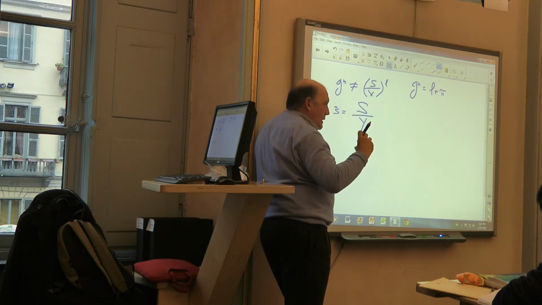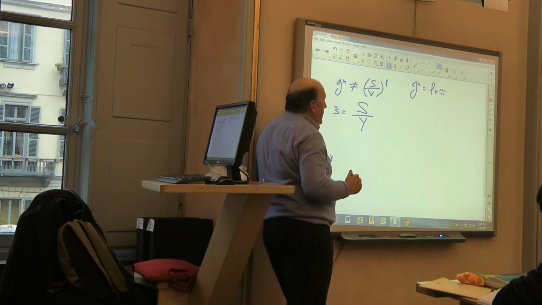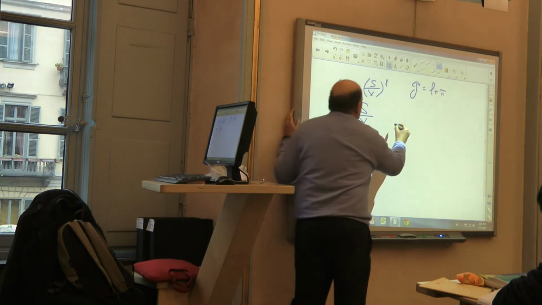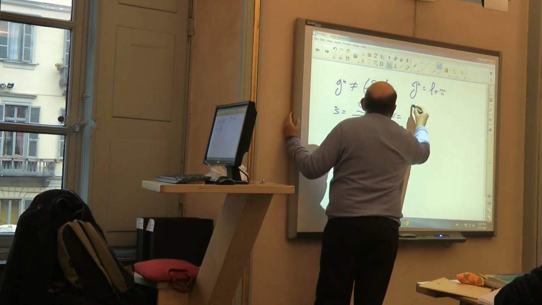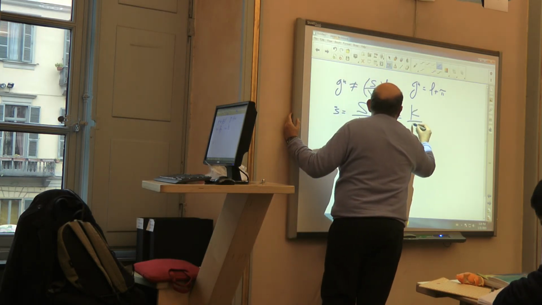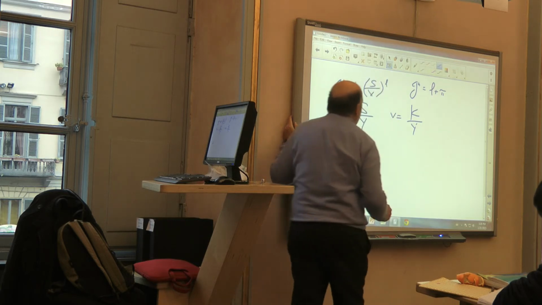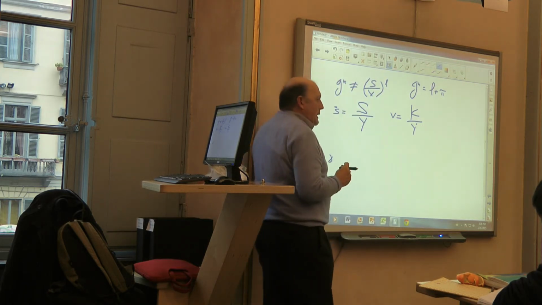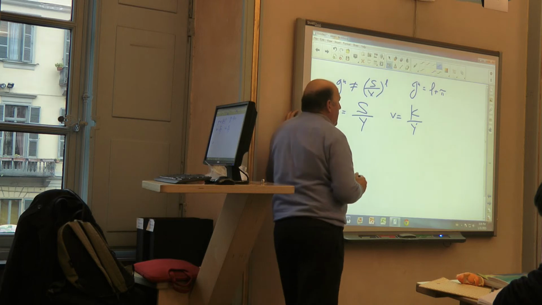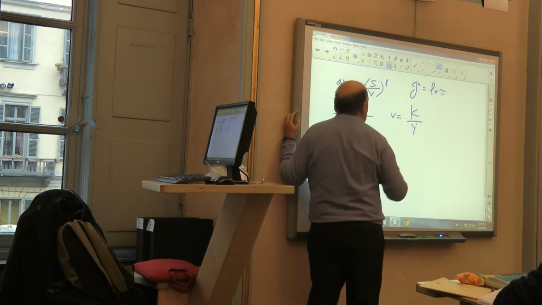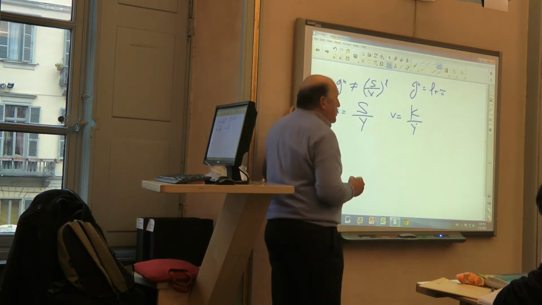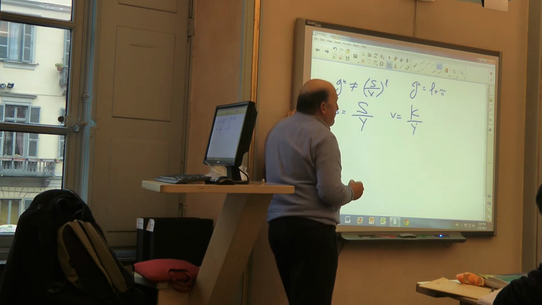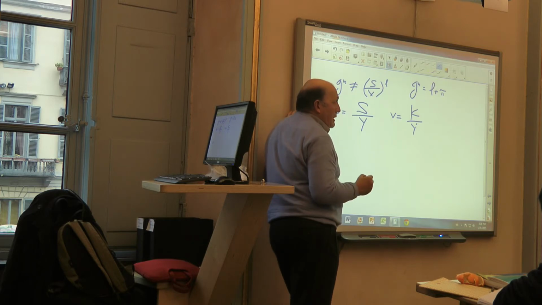We keep the Keynesian assumption of given propensity to save. But V, what is V? V is the capital output ratio. Okay, it's the amount of capital necessary to produce 1 unit of output. This is a technological thing. It depends upon the relation between capital and labor.